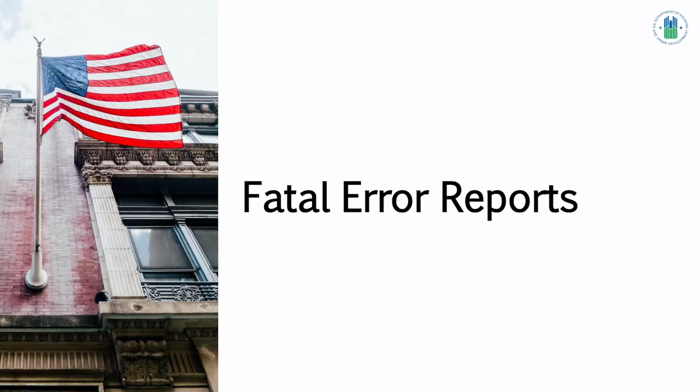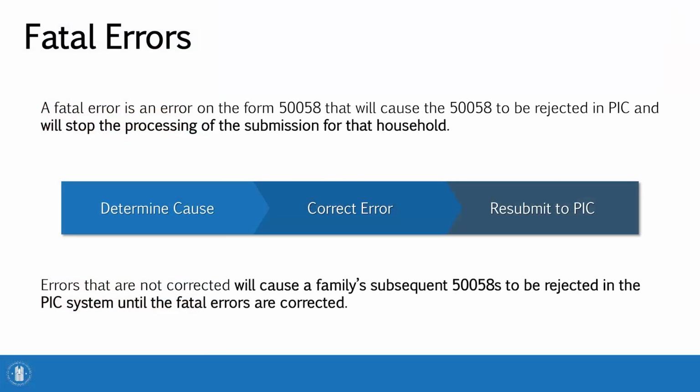Let's take a look at the different reports, starting with the fatal error reports. A fatal error is an error on the Form 50058 that is serious and will cause the 50058 to be rejected in PIC, and it will stop the processing of the submission for that household. Fatal errors should be reviewed as soon as possible to determine the cause of the error.